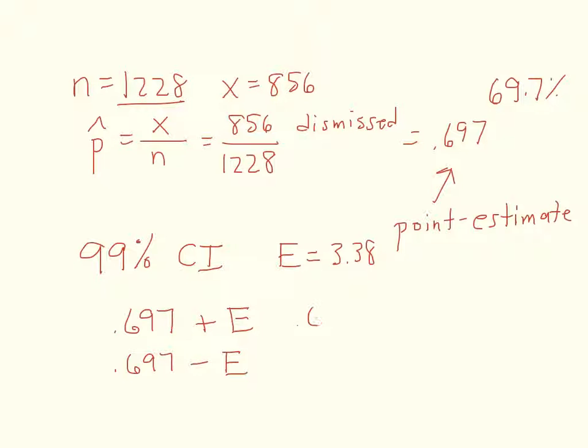So if I put it back into a decimal, I'm going to take 0.697 and add 0.0338, and I'm going to take 0.697 and subtract 0.0338.